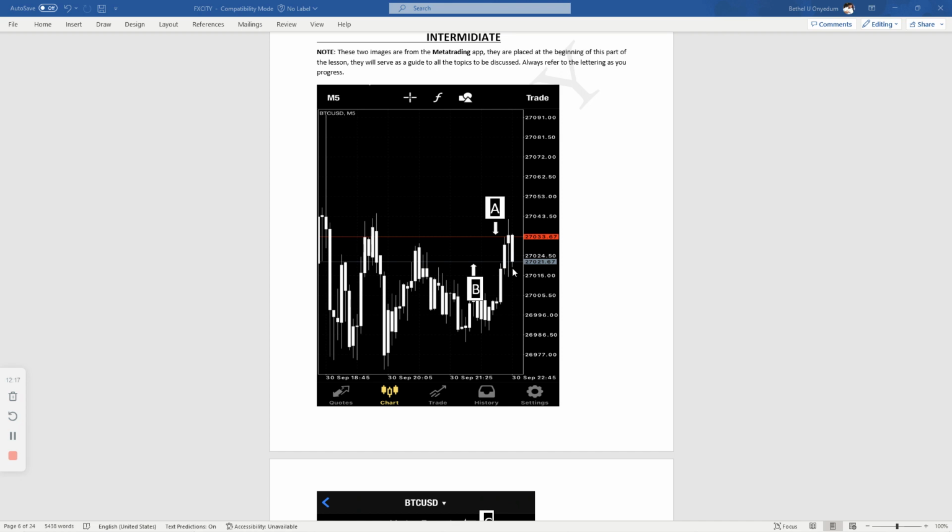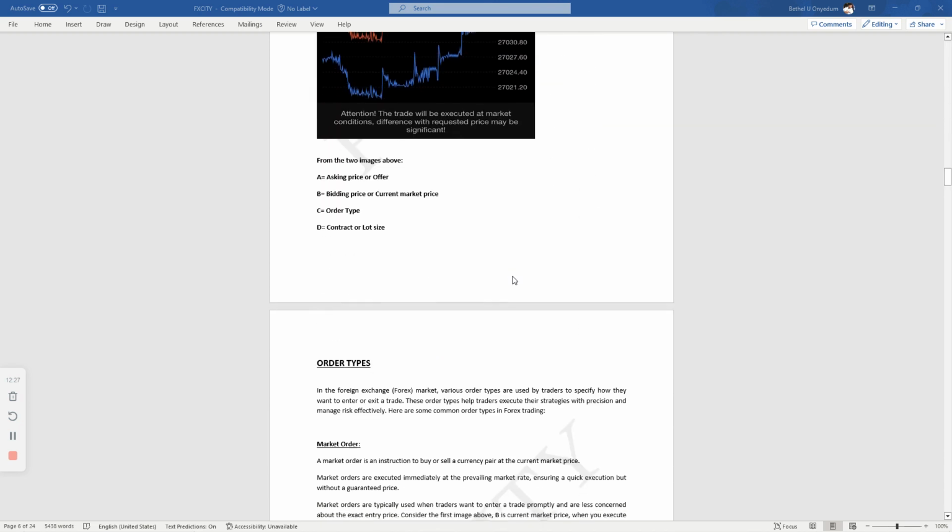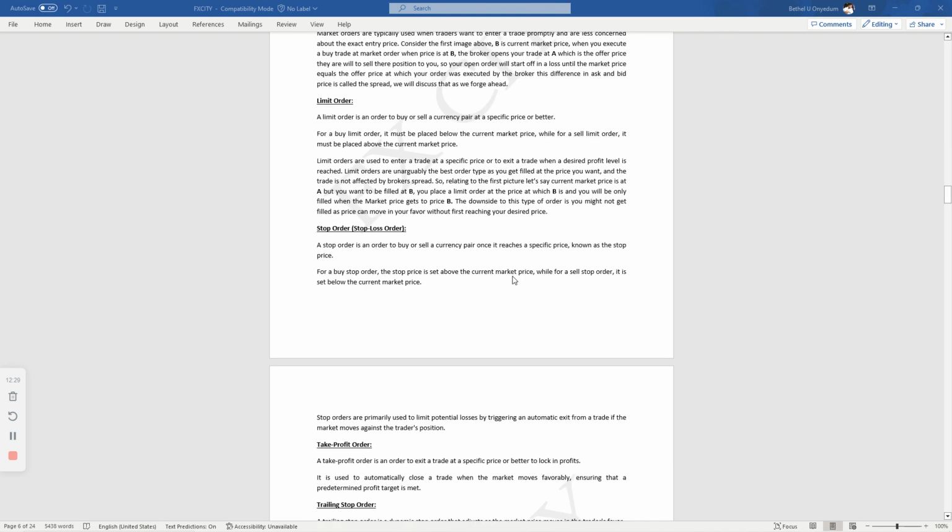You understand that? Not until this second one crosses over will it trigger your limit order. Okay, that's it. So limit order means you want to buy or sell an instrument at a price that you are okay with, not the price that the market is offering.